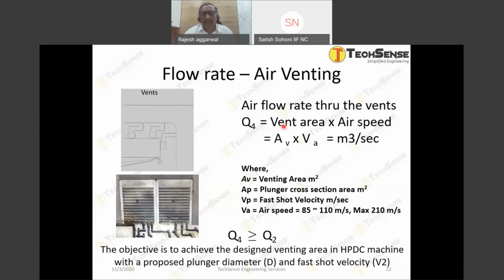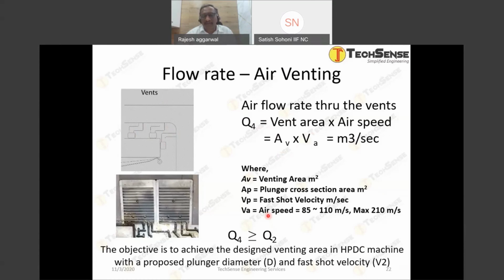So how do we balance it out? The flow rate of the air out of the cavity should be the same as the flow rate of the metal coming in. With the same flow rate, the air must go out. So with that flow rate, Q4, we can work out the vent area and the air speed, right? By equating that Q4 should be greater than or equal to Q2, we can calculate this air vent area and the air speed.